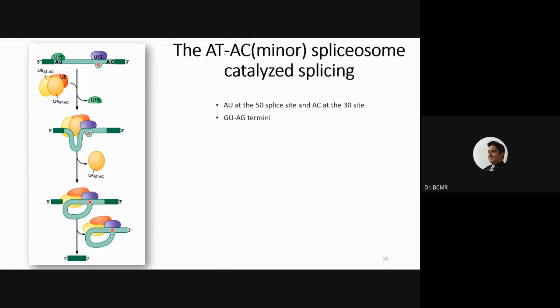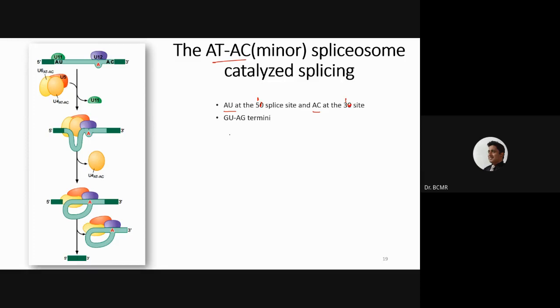There is another variant to splicing which is called the ATAC spliceosome machinery, which is called minor. What we have learned so far, the spliceosome machinery, is the major one. Initially they were thinking it is AU at the 5' site and AC at the 3' splice site.